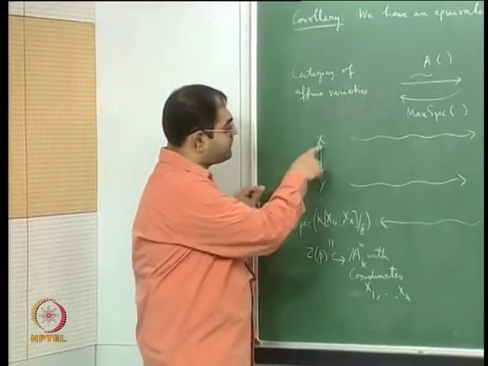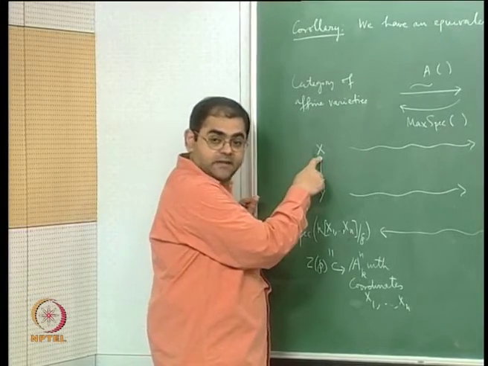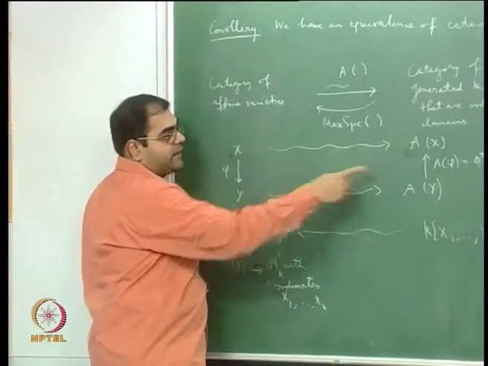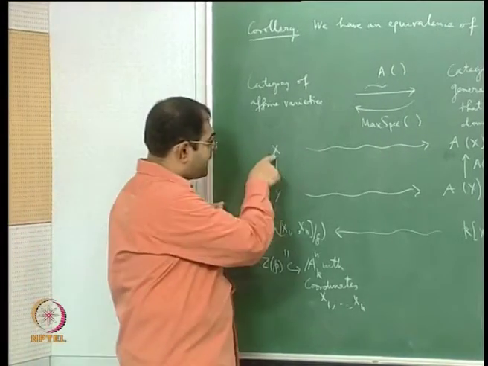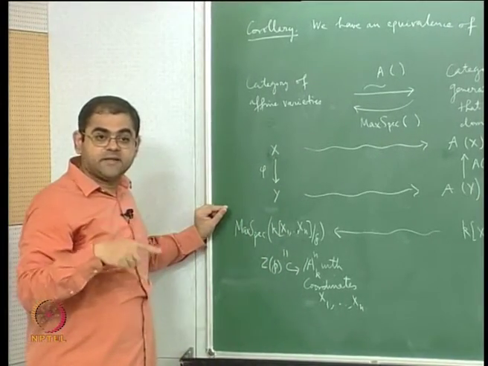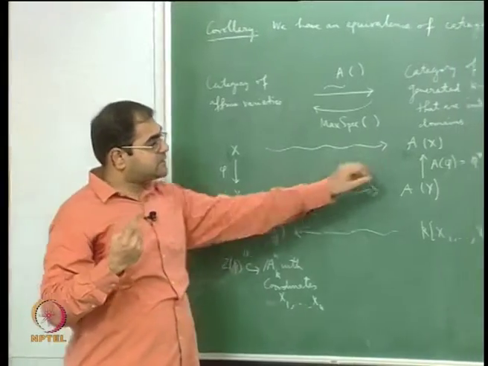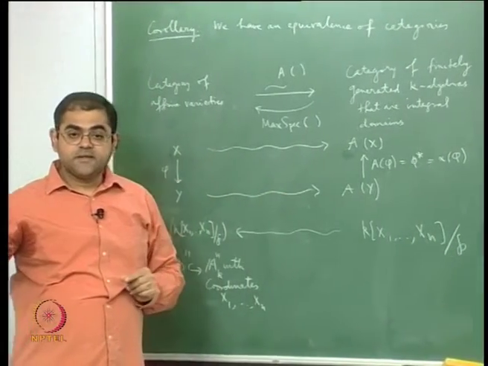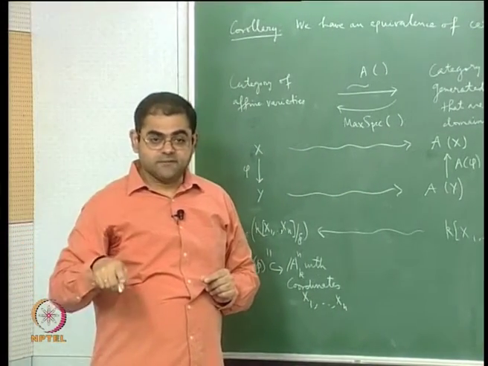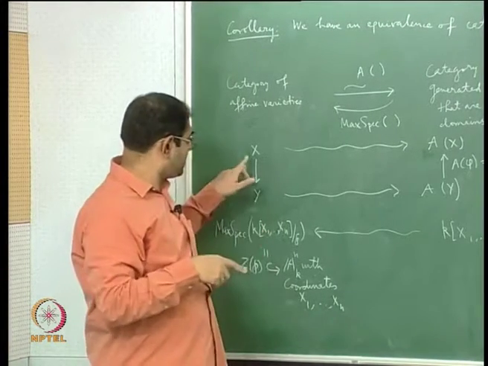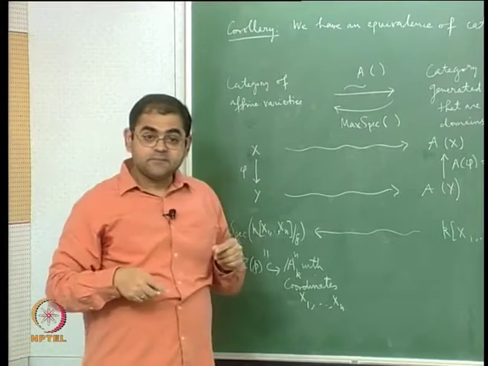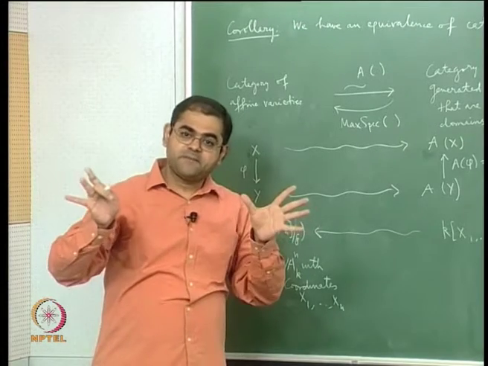So if X is the plane A2, then A_X will become the polynomial ring in 2 variables. But if X is the xy plane sitting in 3 space, then A_X will become k[x,y,z] mod z, which is again k[x,y].